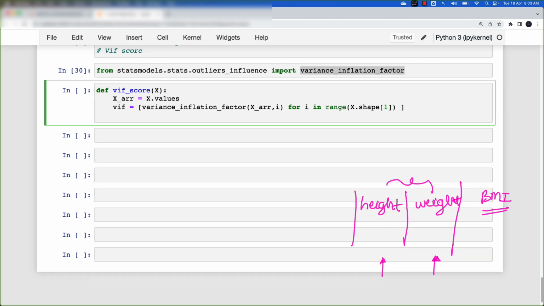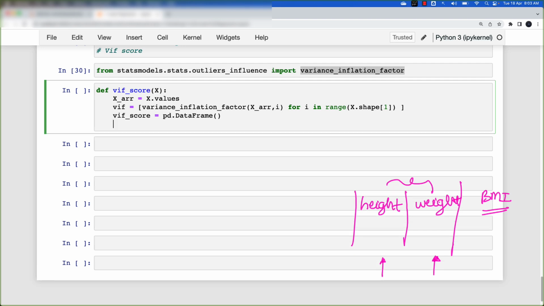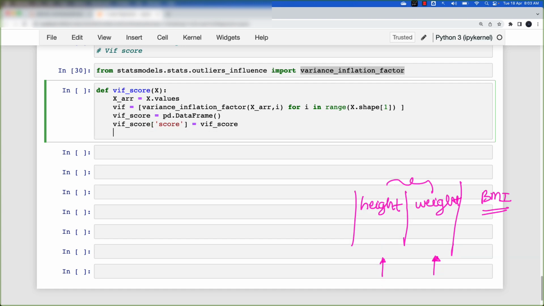Once this is done, I'm going to create a pandas data frame, pd.DataFrame. For this data frame, I'm going to add a column called score, which is my VIF score.